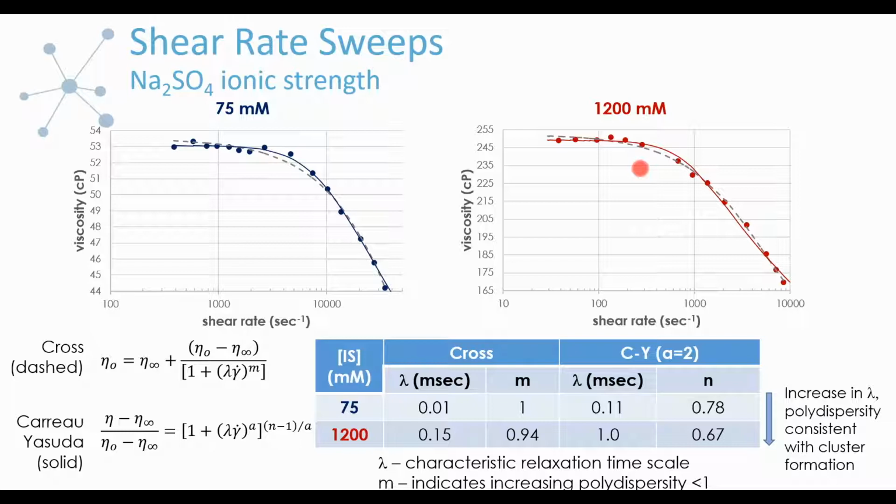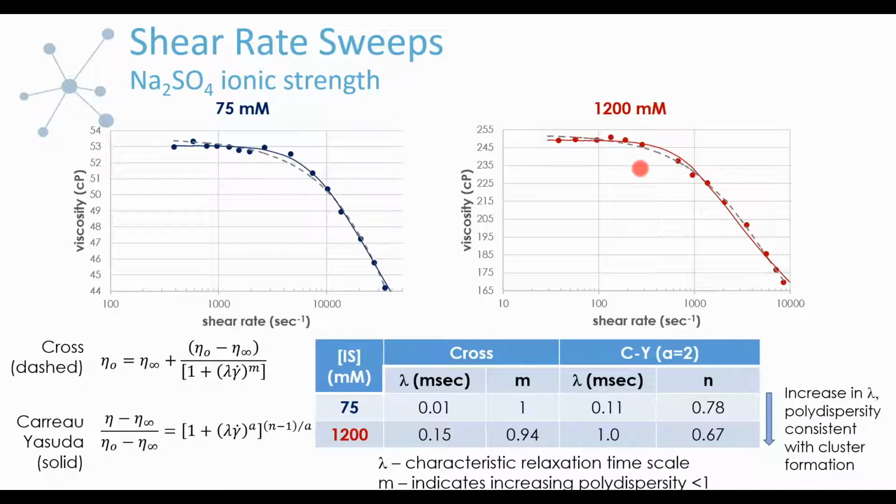The reason that is relevant, and I think this will be a little more clear when we go into the next analysis part, is that varying shear rate is really probing different events on different time scales in the system. A lot of times you think of it as probing characteristic relaxation times of your sample.